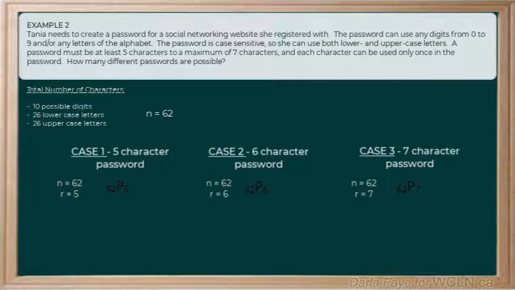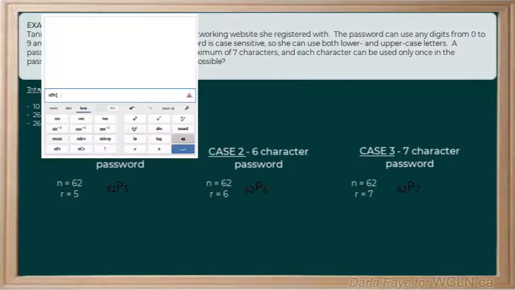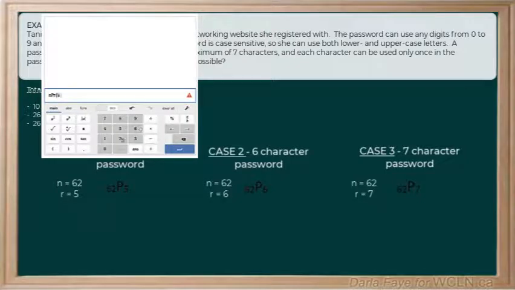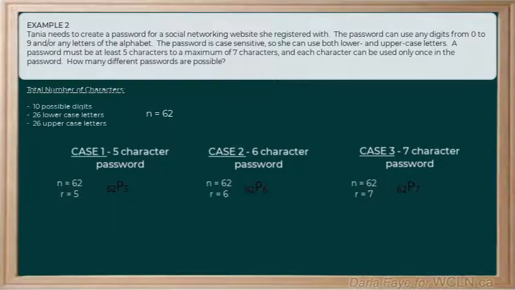So in my calculator, I would type 62P5. Now I'd like you to pause here and make sure that you can figure out how to use your calculator with the permutation function. Don't forget that you can use the Desmos calculator available online if you'd like to.